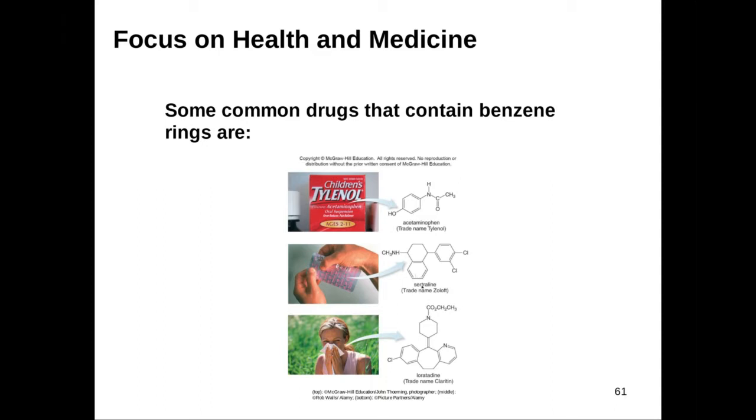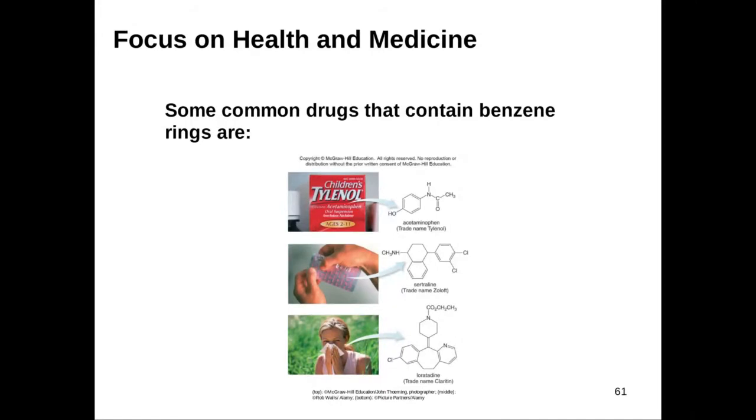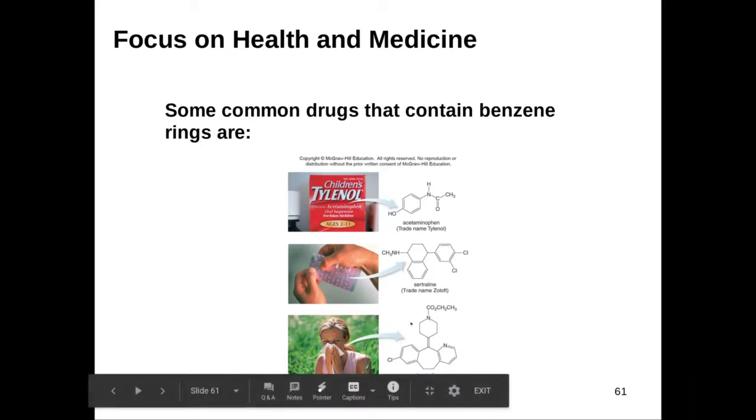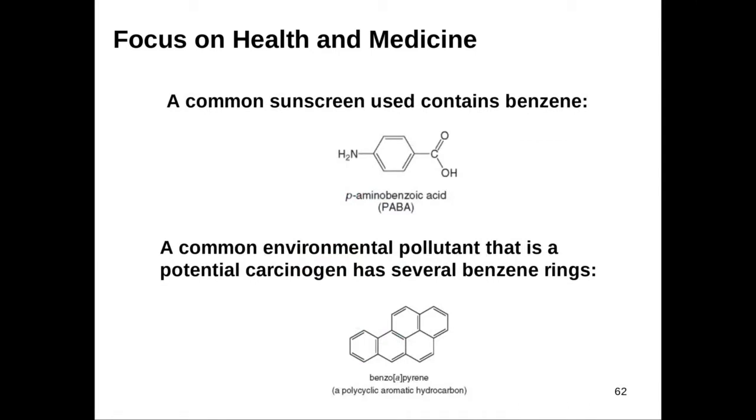And then if you've ever had Loratadine, Loratadine is commonly used as an anti-allergy. It's not like Benadryl, which is diphenhydramine. It's just a different type. You can see it has 2 benzene rings attached to it. So again, common stuff. And there are common sunscreens.